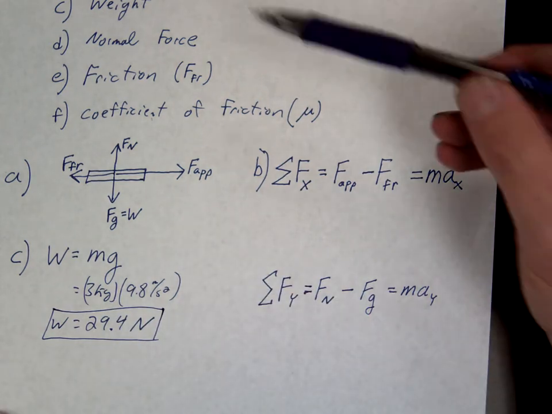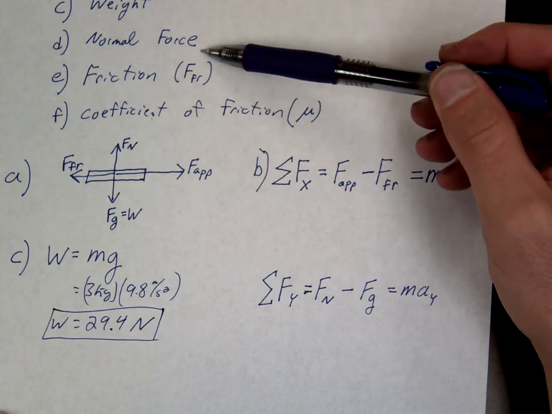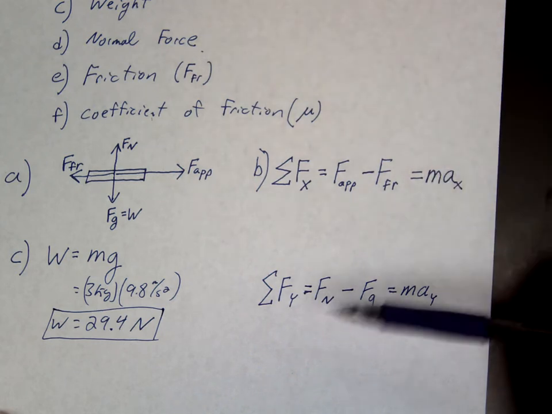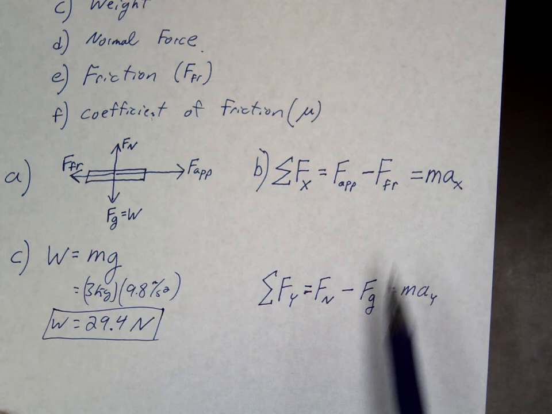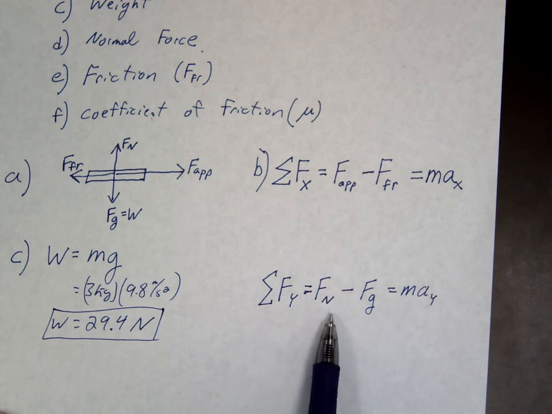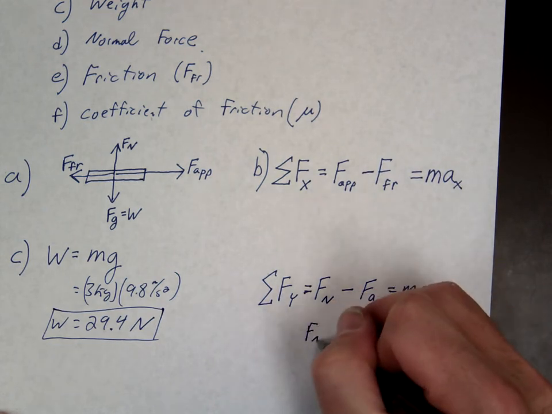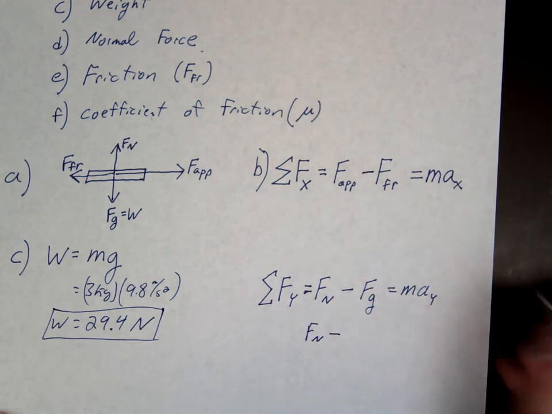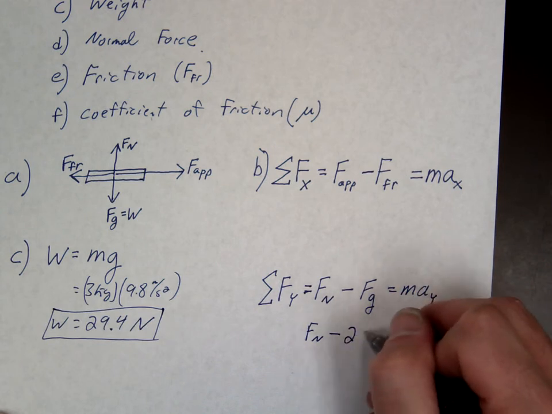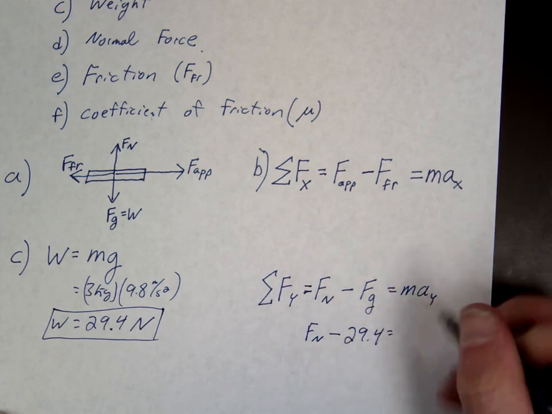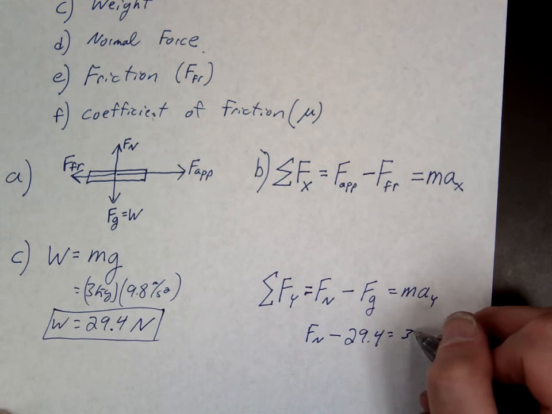Okay, good. Alright, let's do the normal force. So to do normal force, we're going to now start using our equations here. So the first one is, normal force is right here. We're going to use this to find the normal force. Fg we just found, that was 29.4. The mass was given to be 3.